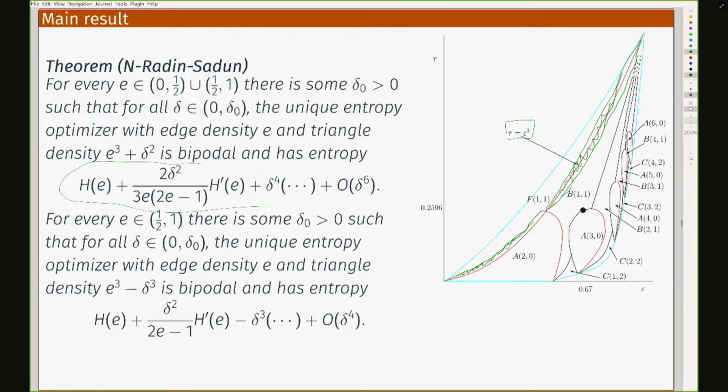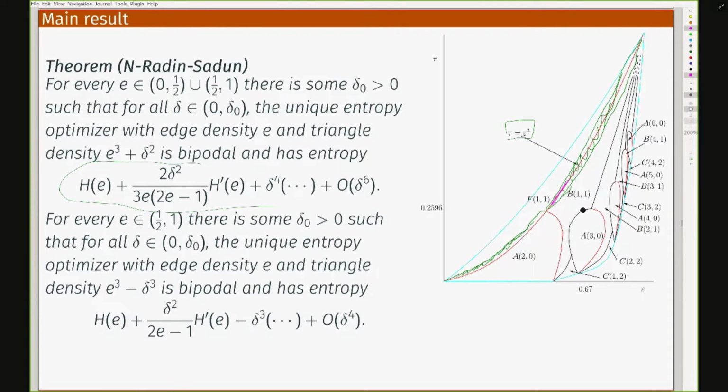Let's see. I want to point out maybe one feature of it that I think is interesting, because if I don't point this out, you might not know. So the triangle density on the curve, right? If I fix my e, the triangle density is e cubed.